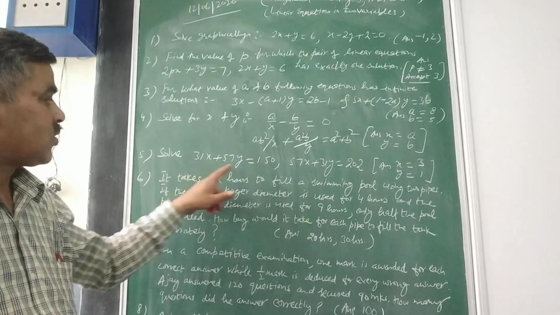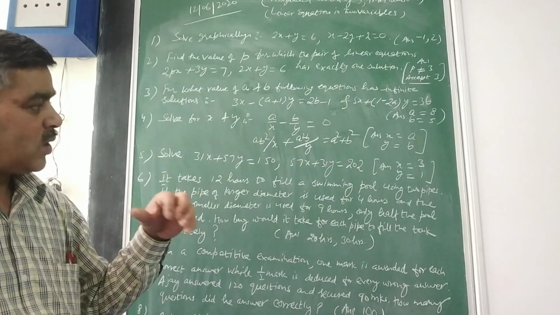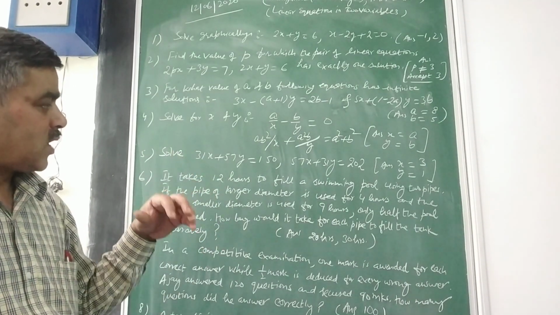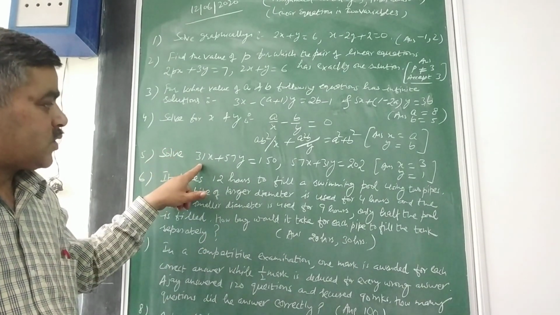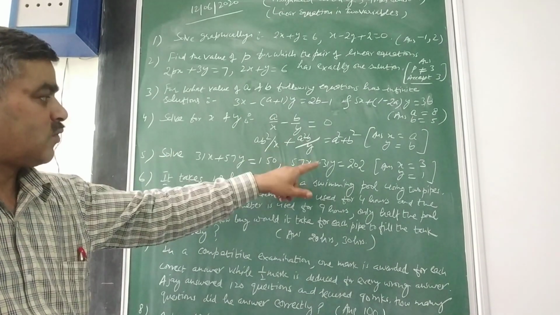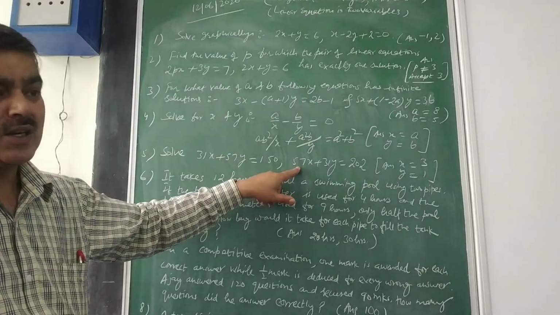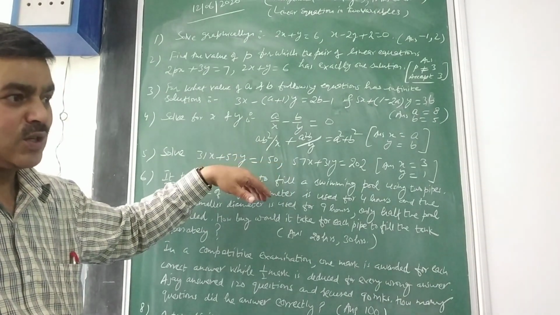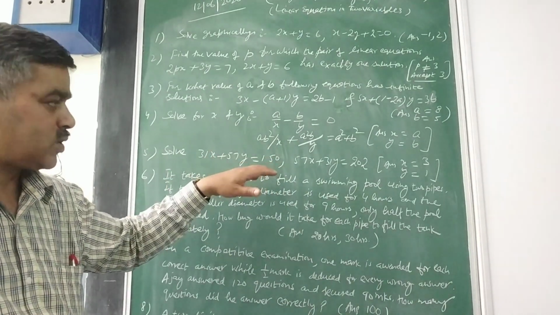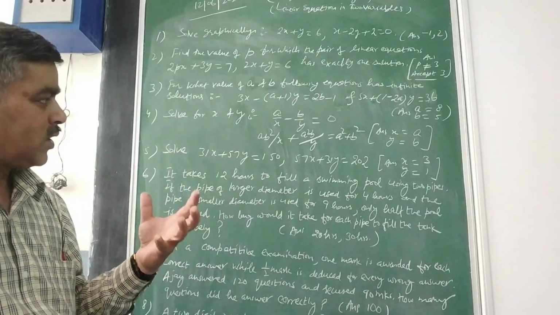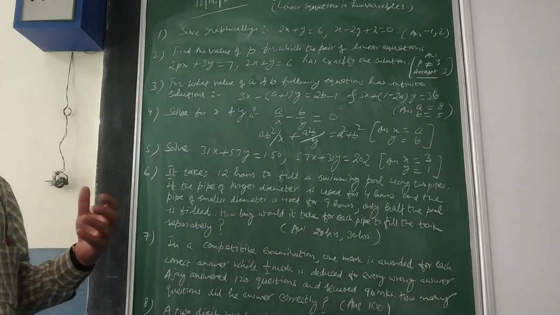Then the next category, question number 5. This is also a frequent question in examinations. The coefficient of x in the first equation is the coefficient of y in the second equation, and the coefficient of y is the coefficient of x in the second, that is, the coefficients of x and y are interchanged. There is a very convenient method to solve this.